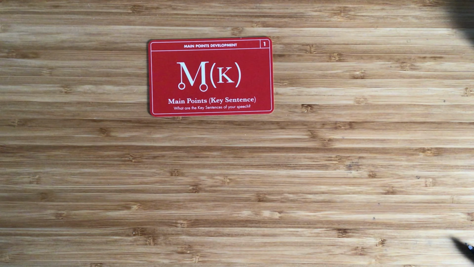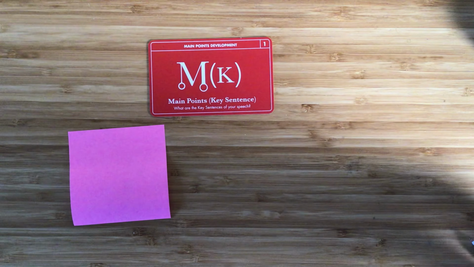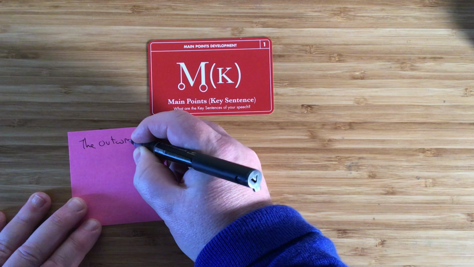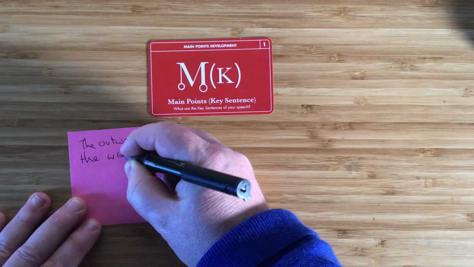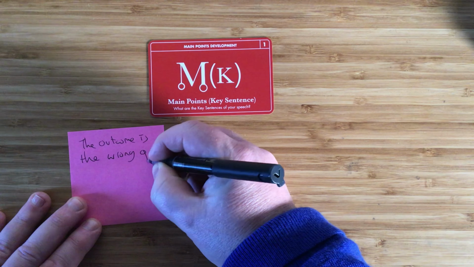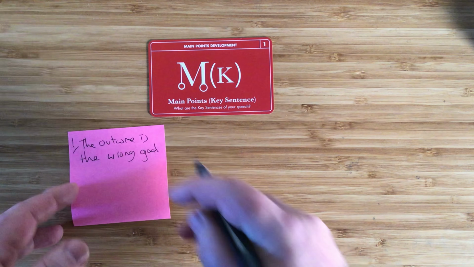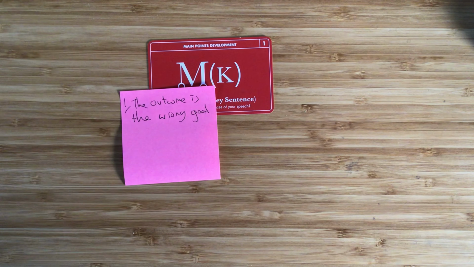So for me, the key sentences in my presentation, at least at the moment in the draft stage, are: the outcome is the wrong goal. That's number 1. The outcome is the wrong goal. We'll stick that on there.